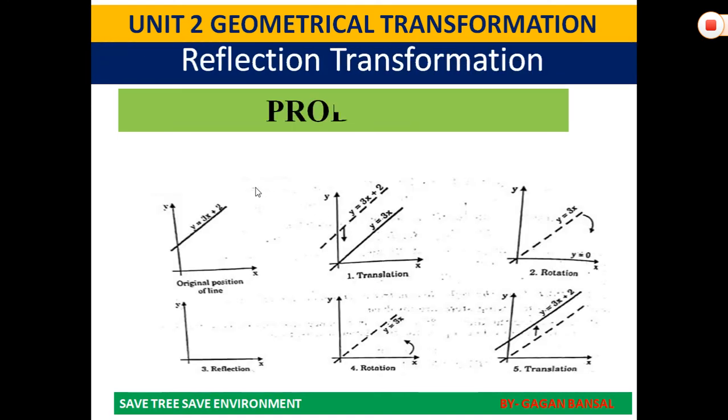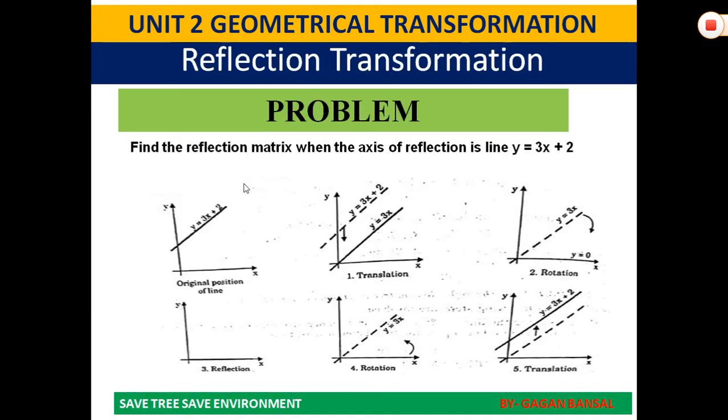Very fast I will give the hint. This is your problem where the axis of reflection is y equals 3x plus 2. First translate it to the origin, and it will become y equals 3x. Then rotate it in the clockwise direction so that it becomes y equals 0.